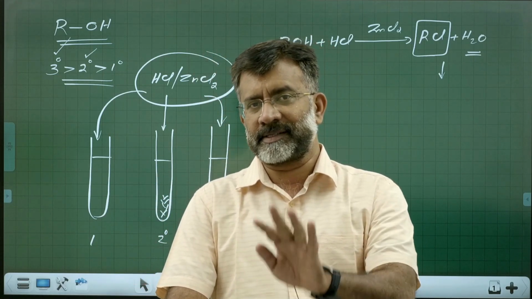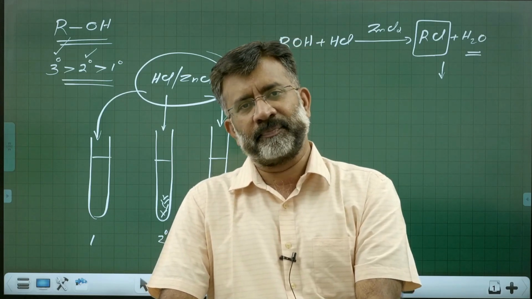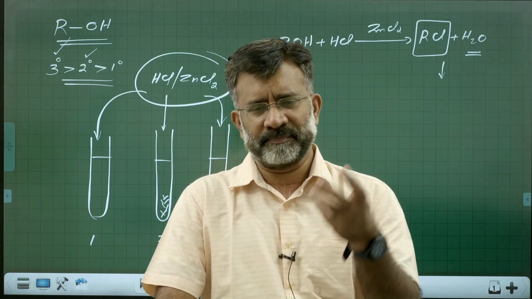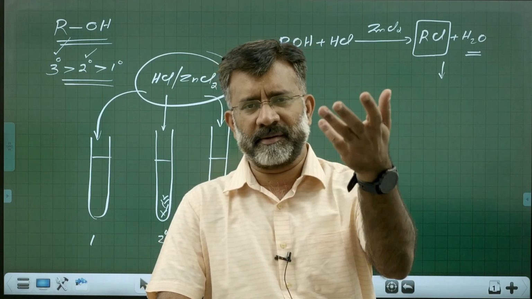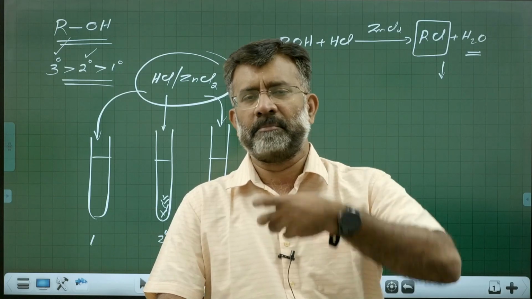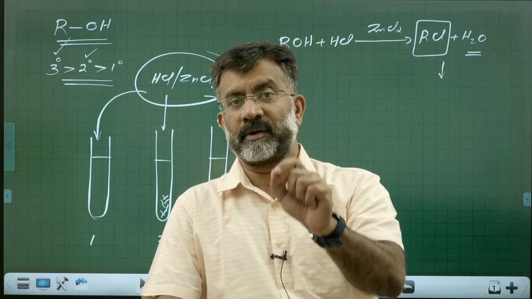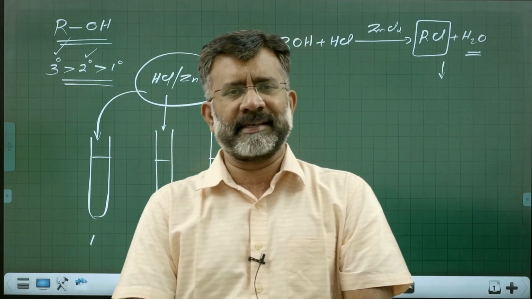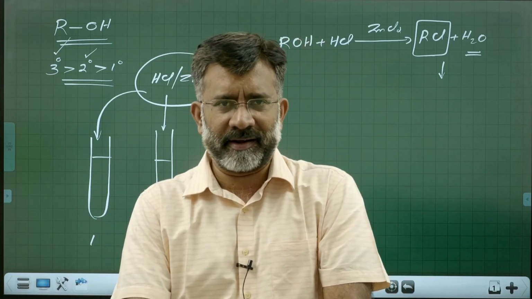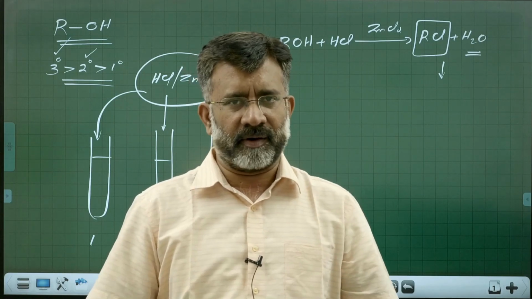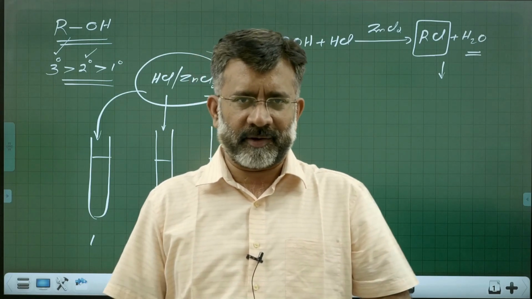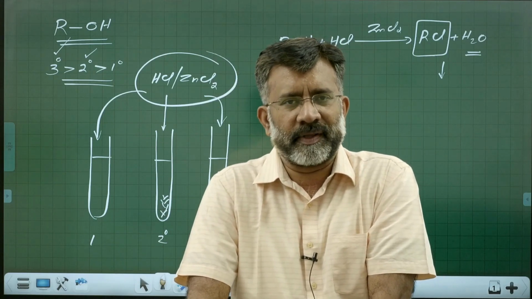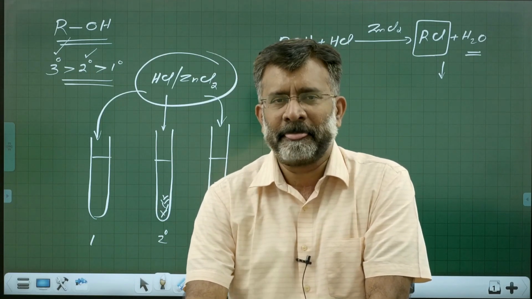Remember, this test may not be applied to bigger alcohols, containing 8, 10, or 15 carbon atoms. For simple alcohols, this can be taken as a comfortable test for identifying whether it is a primary, secondary, or tertiary alcohol, known after Professor Lucas of California University. That is Lucas's test.